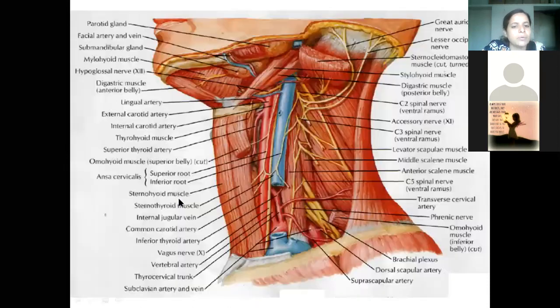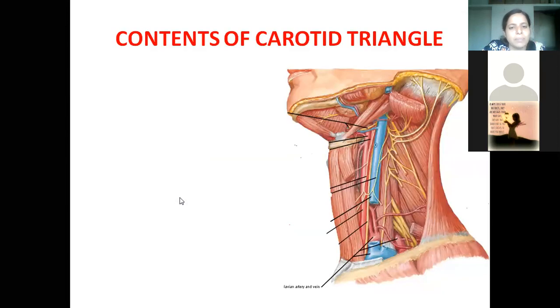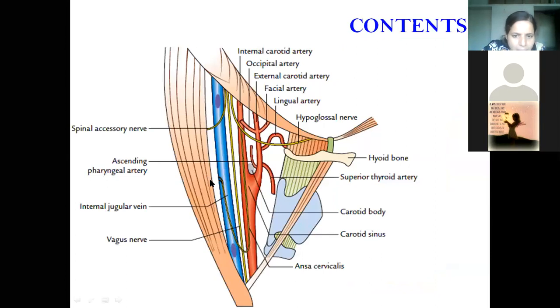Before I take you to ansa cervicalis, there is a very simple picture which is showing you certain nerves. This loop is ansa cervicalis, we know pretty well. Apart from that, you are finding the spinal accessory, which we discussed as an essay yesterday. To be very simple, you are finding the 10th, 11th, and 12th cranial nerves. 10th is vagus, 11th is spinal accessory, and 12th is hypoglossal nerve.